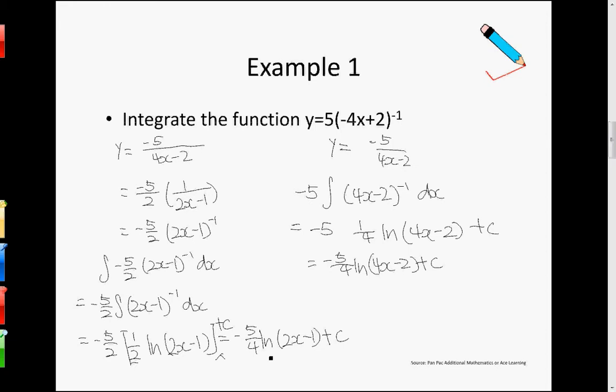Take note that this answer and this answer are not the same. However, both are correct. I can convert from this form to this form if this c is arbitrary.